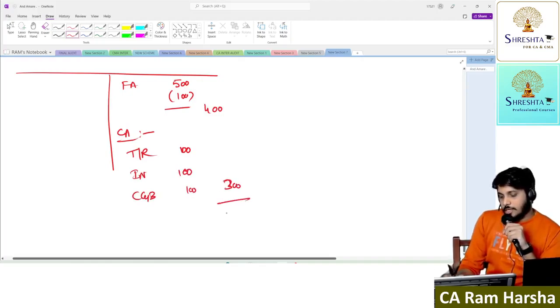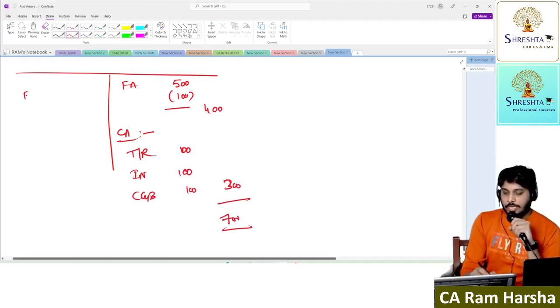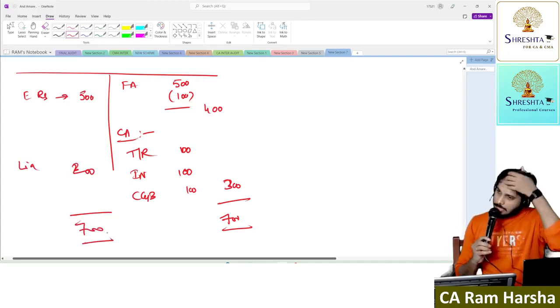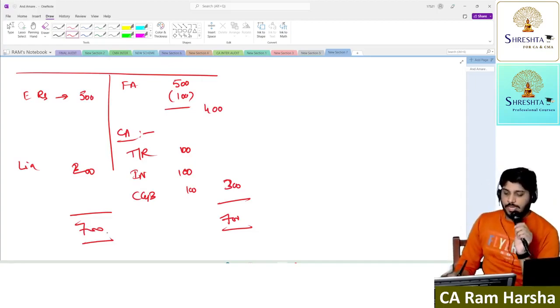Totally 300. Totally the balance sheet is 700 crore, let us assume. Now equity and reserves and surplus are approximately 500 crore, and outside liabilities are approximately 200 crore. These are rough numbers of a balance sheet of a company, a brief overview.